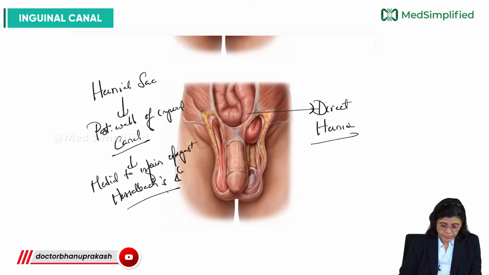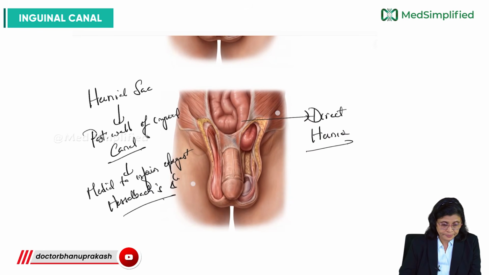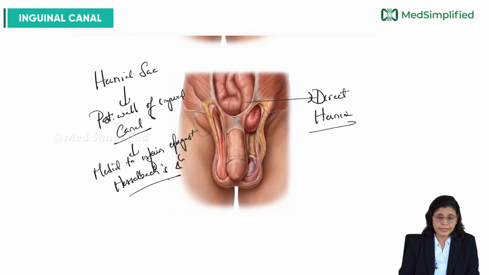Here the neck of the herniated sac will be very wide, and these hernias are more common in the elderly because of the abdominal weakness.